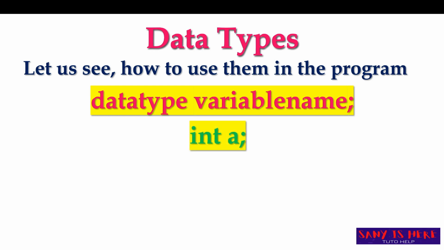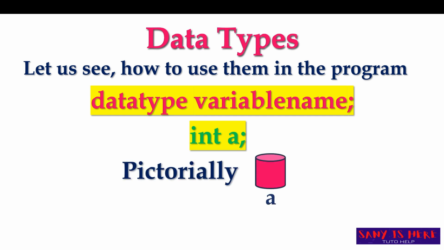For example, int a semicolon, which means a is a variable which can hold integer type of value. Or you can see pictorially, a is a container or variable which can hold integer type of value. You cannot store other type of value in a. Getting my point?